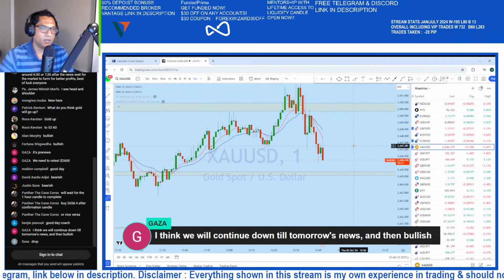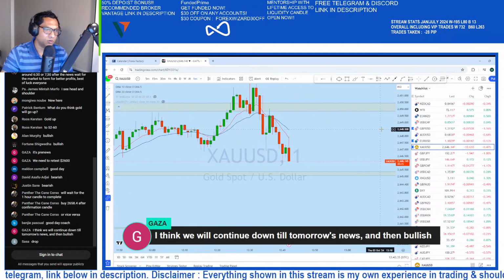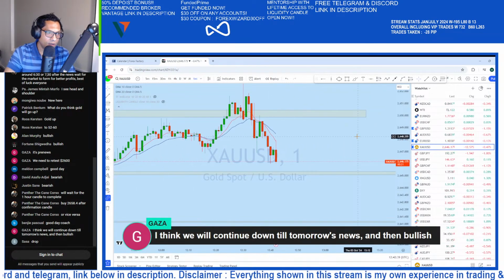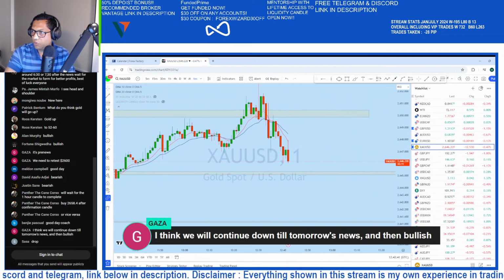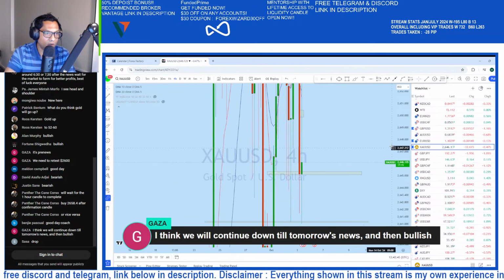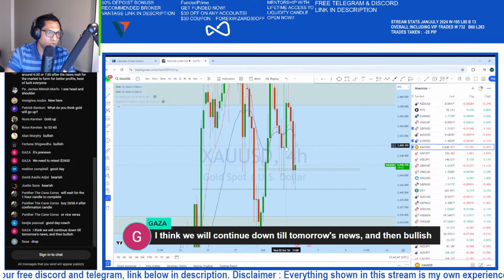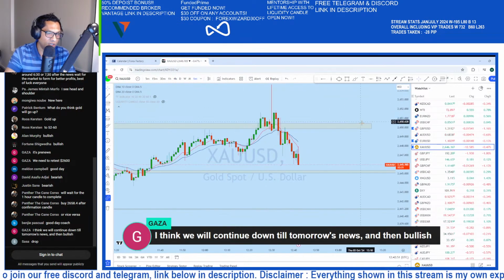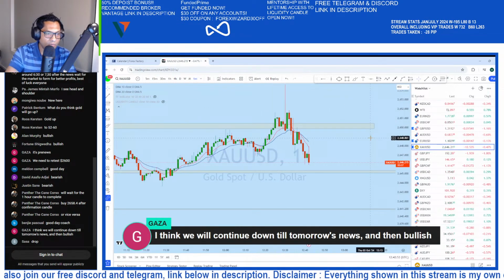Okay, so here is a bearish rejection on XAUUSD on the lower time frame. Here is bearish movement. Okay, so I'll still be waiting here because this candle formation is basically bearish.